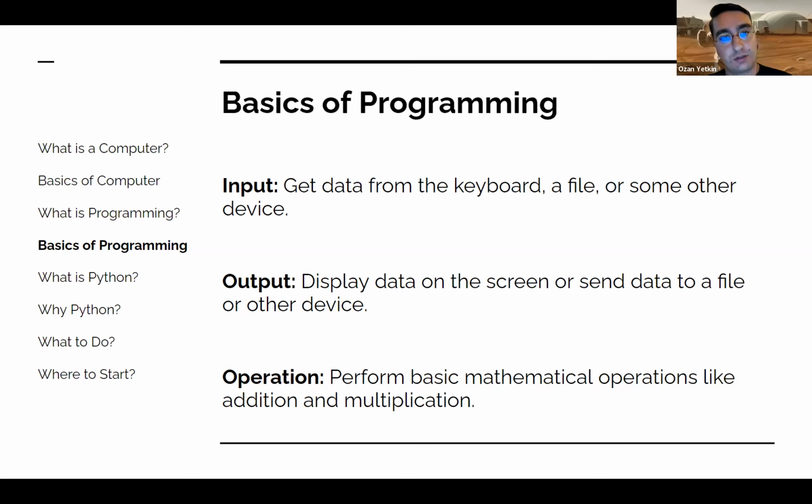And the other crucial thing is the output, which is the data displayed on the screen or in a file or on another device. For example, we can set our programs to provide some output so that we can take it and analyze it, or we can send it to another program so that it will be transformed into valuable information.